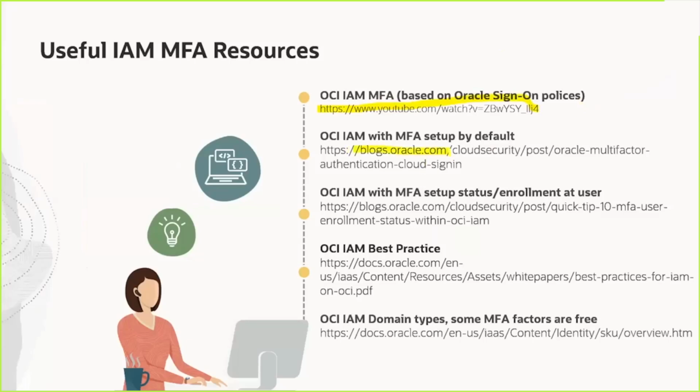Then you have a blog to see how this MFA setup can be done by default. And here you have a so-called quick tip from Paul to see how many users have enrolled MFA already. This is CLI based, so you will get a result that you can process in Excel or in any other automation.